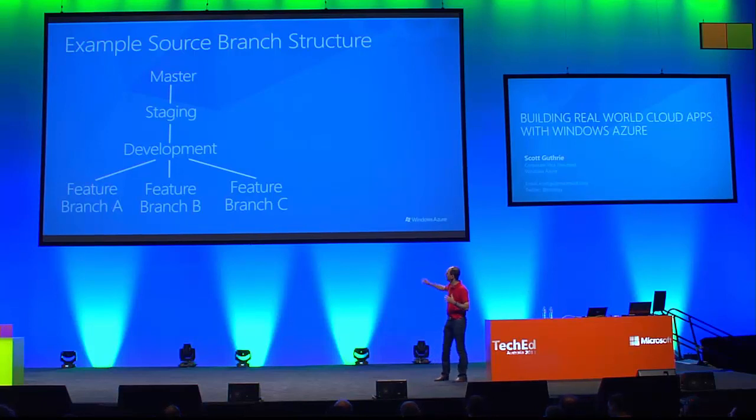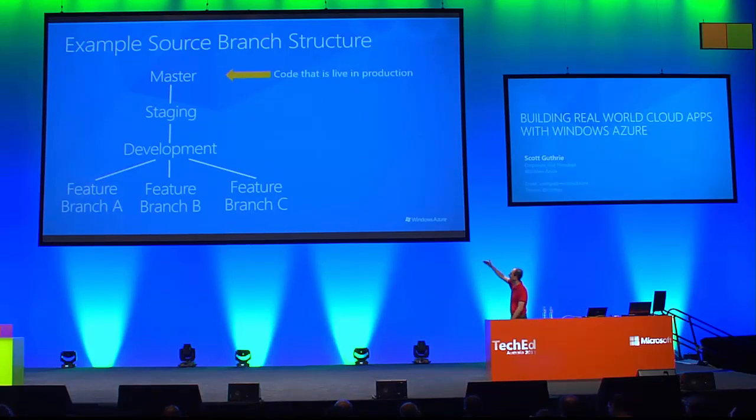This is common for very large teams, to do a pattern here where they have a master branch, where in the master branch you basically have the source control for what is live in current production. So this is actually what is live inside the cloud. And then they might have a staging branch, which is basically the bits that are about to be live, that you're doing final testing. And then have a development branch where you're actually doing your feature development and iterating on it.